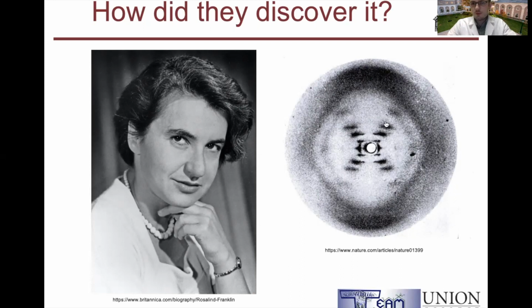They used Rosalind Franklin's research. This X here is what gave them the structure that they proposed. So her research was very essential to their discovery of the structure of DNA.